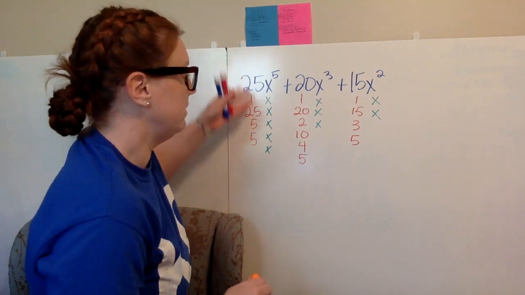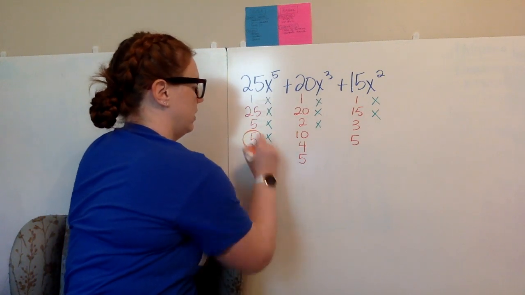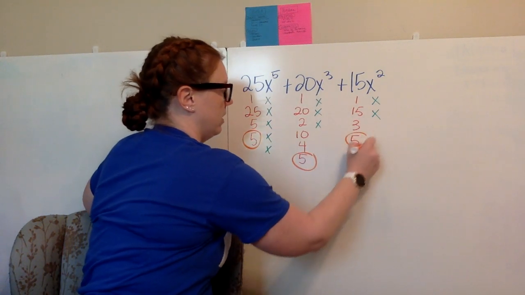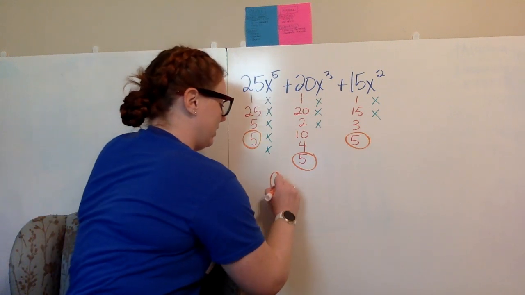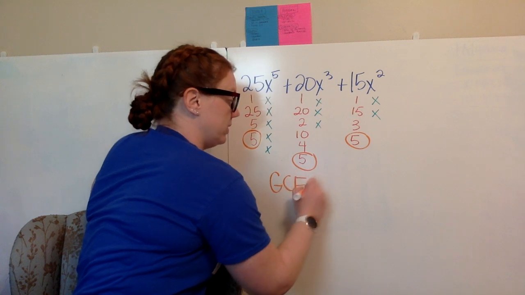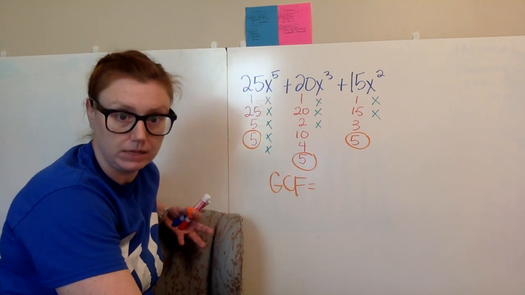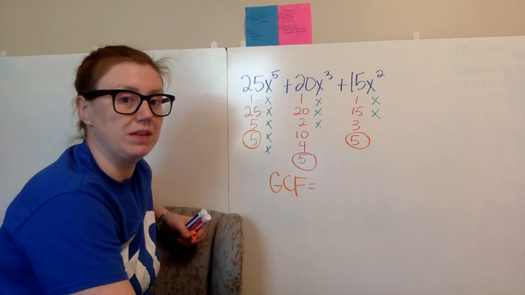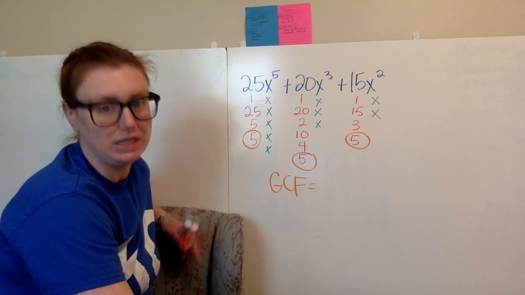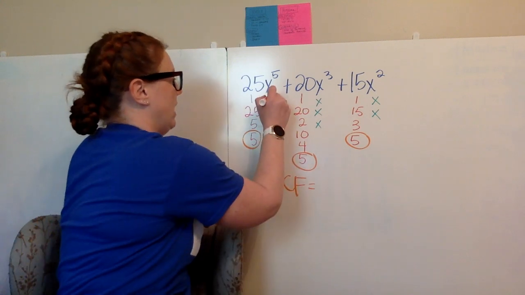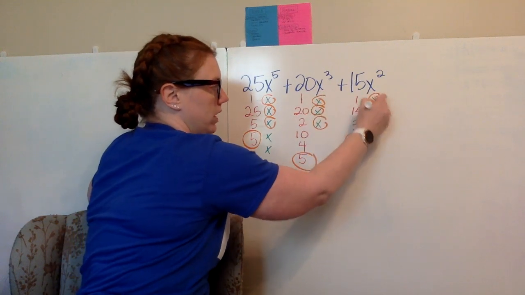So if I look at my list of factors, I know that all 3 have a 5 in common. So my greatest common factor, my GCF, now if there were 2 numbers in common, right? Or if I was prime factoring this, yeah, I could do this a little bit differently, but since I'm just doing straight up factors, I'm looking to see what can they all be divided by. And then they also have 1, 2, 3, 1, 2, 3, 1.